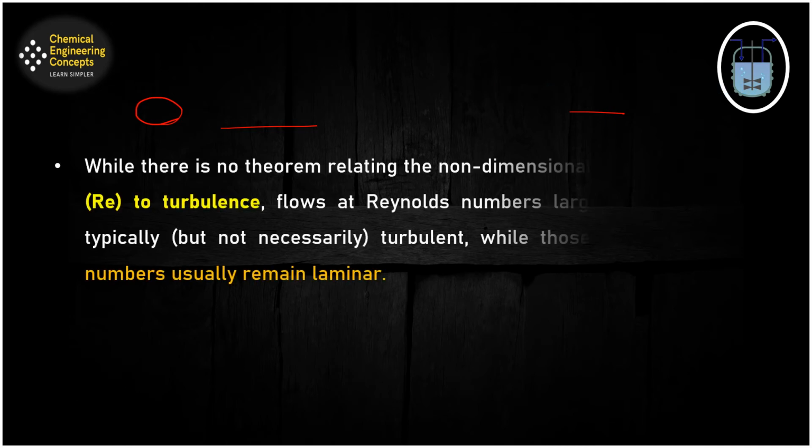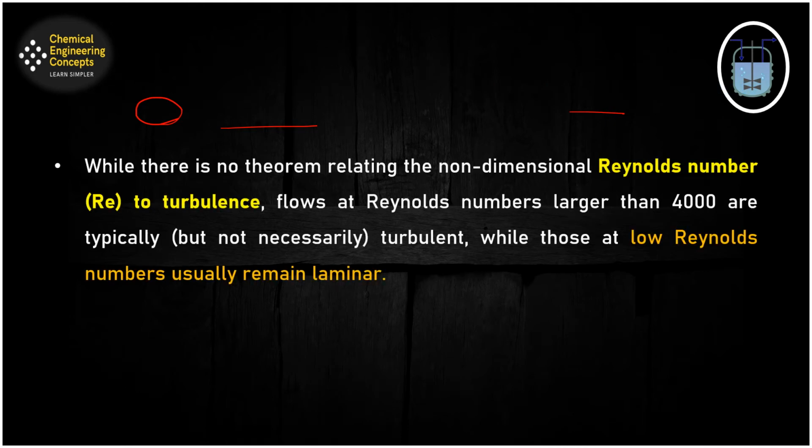Also, you have already seen that since the Reynolds number indicates laminar and turbulent flow, values of the Reynolds number greater than 4000 for pipe flows will be denoted as turbulent flows, while values lesser than 2100, for pipe flows, will denote laminar flow.